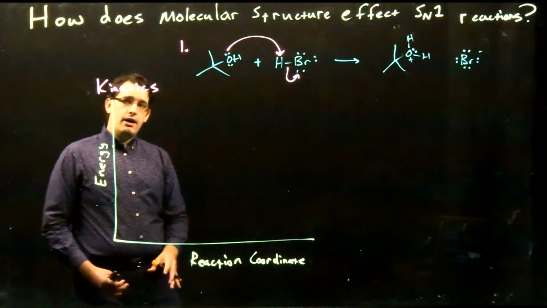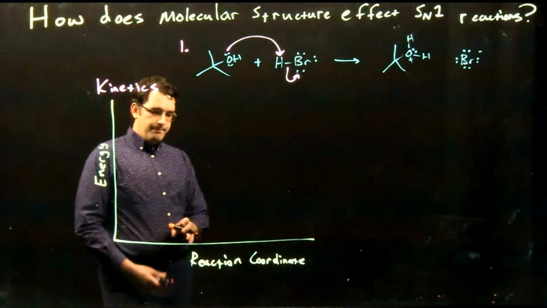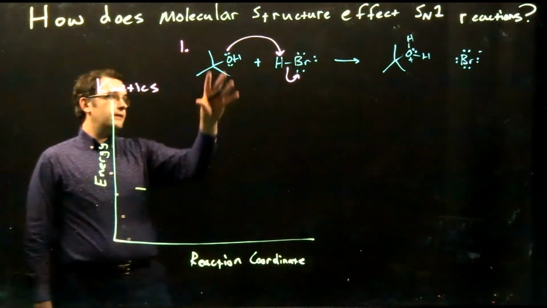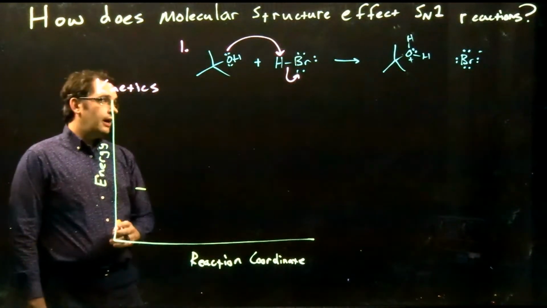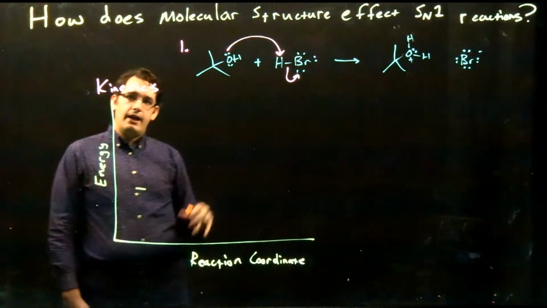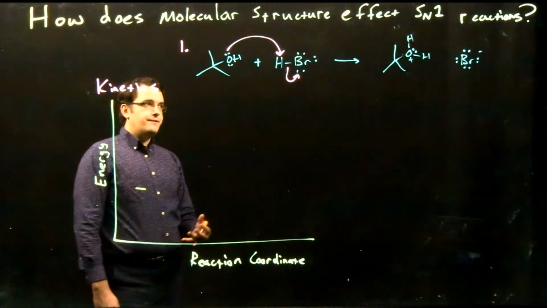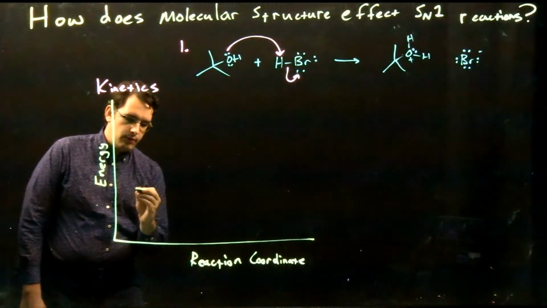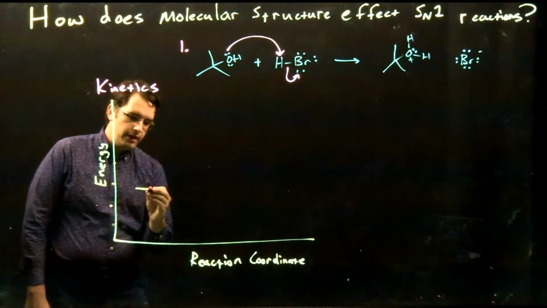Now, in terms of our reaction coordinate diagram, what's happening is we start with our initial molecules, our alcohol and our hydrogen halide, and since our hydrogen halide is a strong acid, this first step is favorable. So what that means is that we're going from something that has more energy.